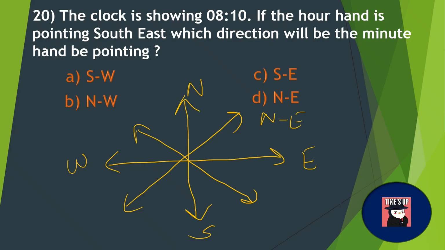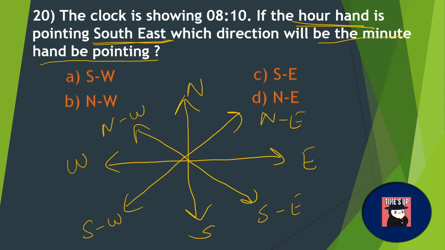What is asked? 8:10 is the time. Correct? If the hour hand is pointing southeast. Now here the hour hand is given southeast. Then which direction will the minute hand be pointing? The minute hand is asked here.